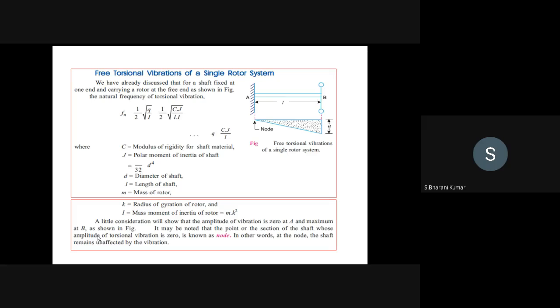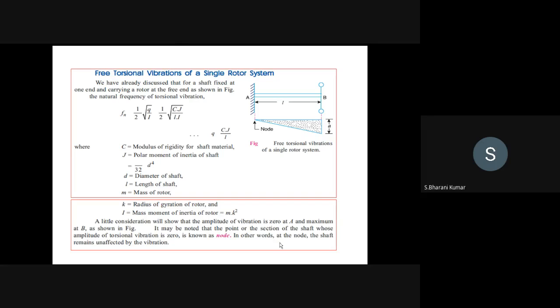Here is called a node system. We know that once in a cycle, the point where the amplitude of torsional vibration crosses zero, we call it a node. It may be noted that the point or section of the shaft whose amplitude of torsional vibration is 0 is called a node.